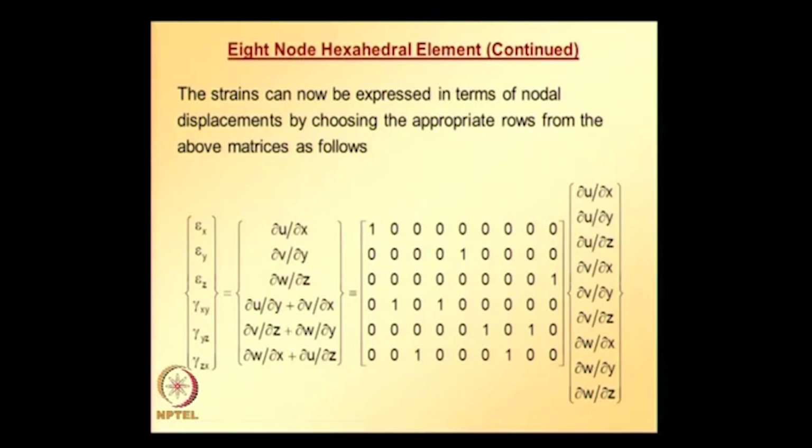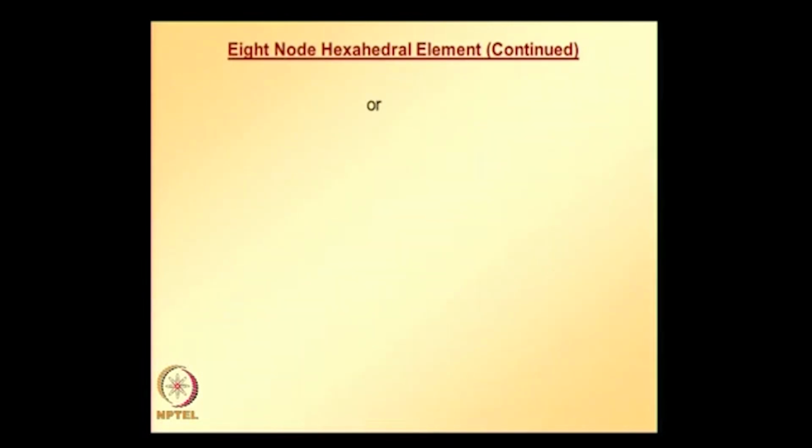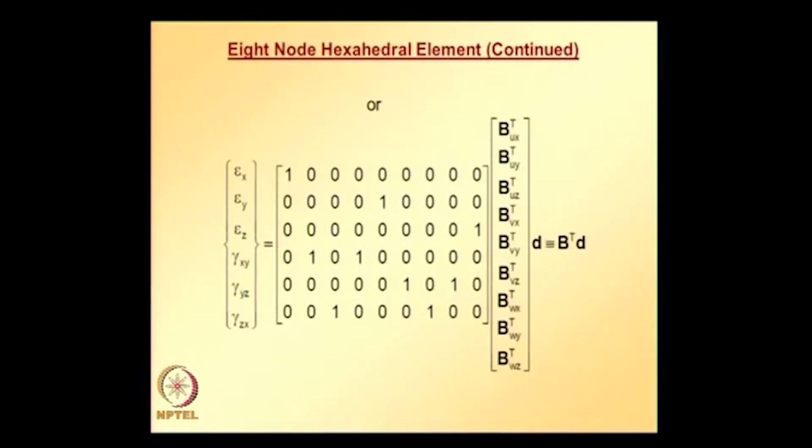the equation. Once we have the right hand side, we can now replace that with appropriate rows in the equations that we have already derived in terms of b's: bux, buy, buz, bvx, bvy, bvz, bwx, bwy, bwz in this manner, and which can be compactly written as B times D, where B is the strain displacement matrix.